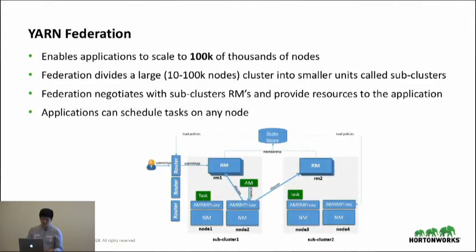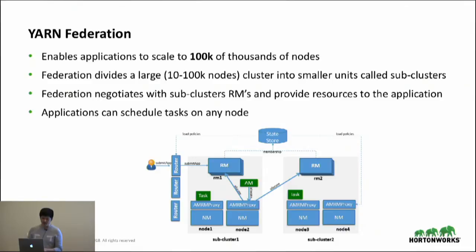The first solution is YARN federation. What YARN federation means is that we split this big cluster, usually with 10K or 100K nodes, into several pieces, which we call subclusters.